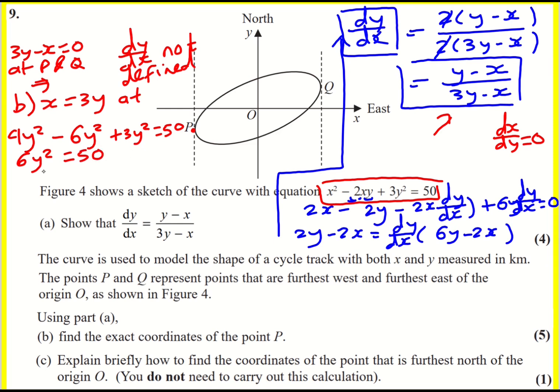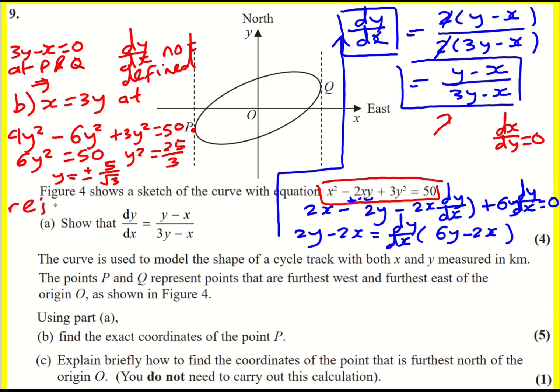So that means y squared is going to be 50 over 6 or 25 over 3, which means y is going to be plus or minus 5 over root 3. Two values because we have 2 points, but Q is above the x-axis, so we'll have a positive y value, whereas P is below, so we'll have a negative y value.